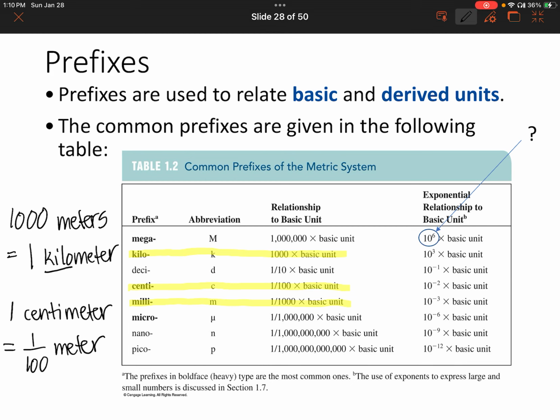So definitely know those. And then the column on the right, this is showing how to write those numbers in scientific notation or something close to it. So for example, mega, which is equal to 1,000,000, we could also write that as 10 to the 6th. So 10 to the 6th just means that we're multiplying 6 tens together.